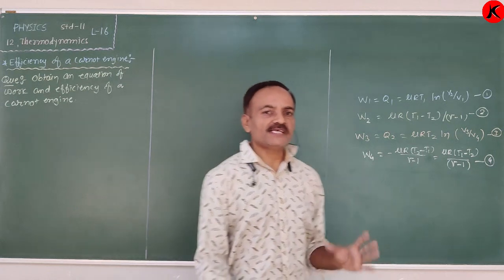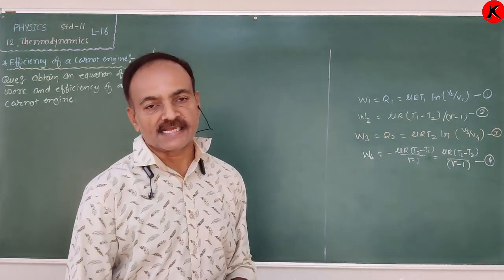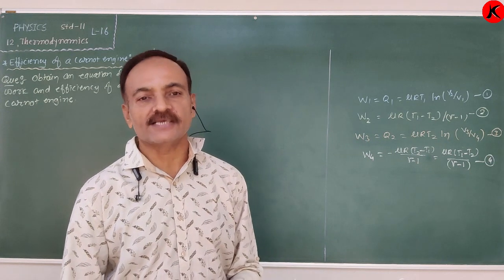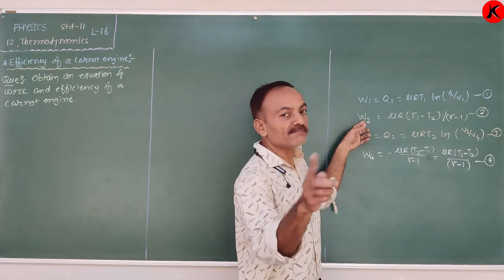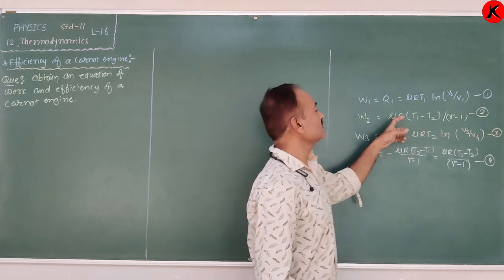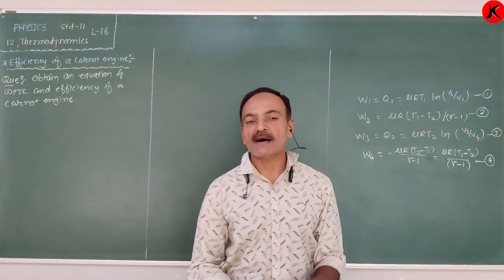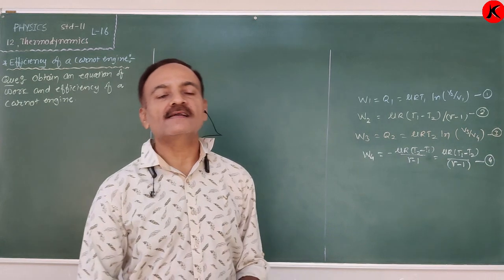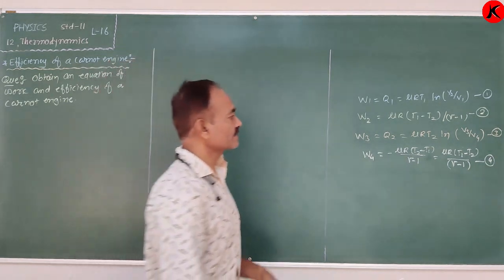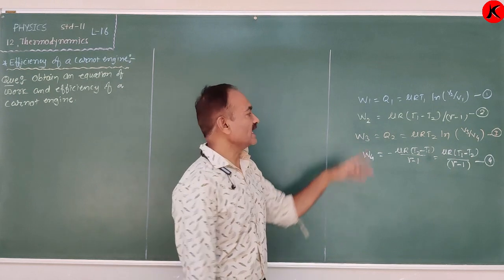During this adiabatic expansion, heat is not exchanged, that means the exchange of heat is 0, and the work done W2 is the work done by the gas. W2 = μR(T1 − T2)/(γ − 1). Gamma is the ratio of Cp and Cv.